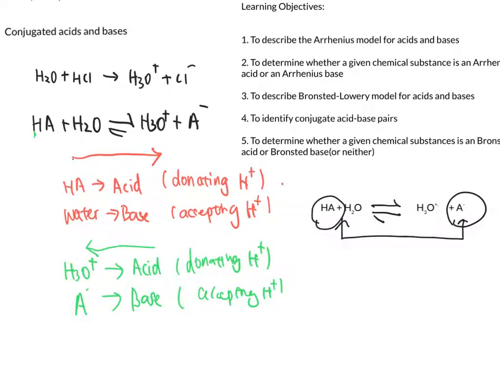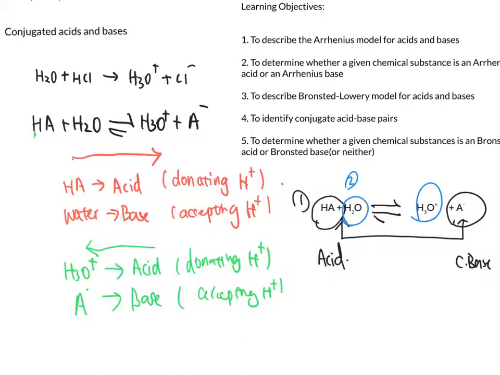If you're thinking about HA as the acid, the A minus will be its conjugate base. And if you're thinking about A minus as the base, then HA is its conjugate acid. So we've got one conjugate pair, and the remaining one will be the second conjugate pair.